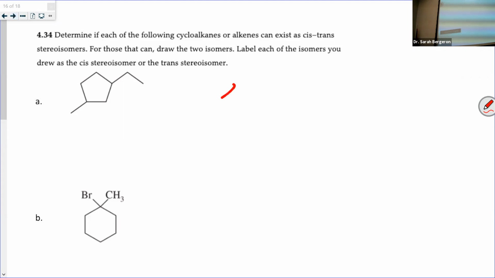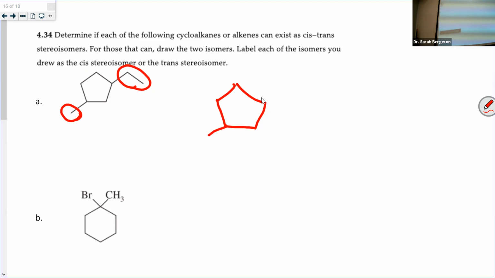So draw your main structure, right? Now I want to draw the cis isomer first. In order to draw my cis isomer, I have to look at my substituents, and I want to put them on the same face or the same side. So I want them to go out. So I'm going to make a solid. So that's my 1 carbon.